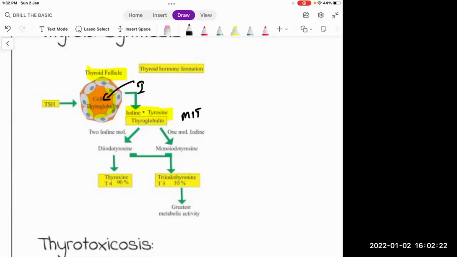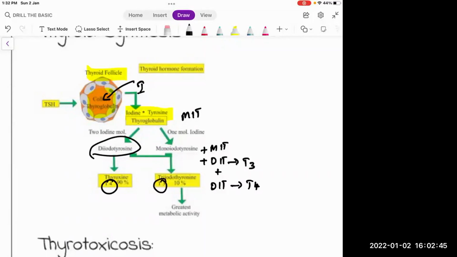Okay. So this monoiodotyrosine with another monoiodotyrosine forms diiodotyrosine. Then if it binds with diiodotyrosine, it will give T3. DIT plus another DIT will give T4. Okay. So T4, you will call it thyroxine. T3, just triiodothyronine. Okay. So this T3 and T4 enter into the circulation for target functioning.